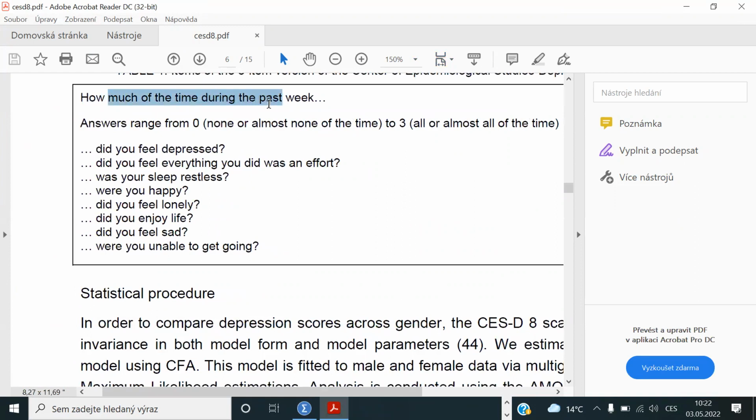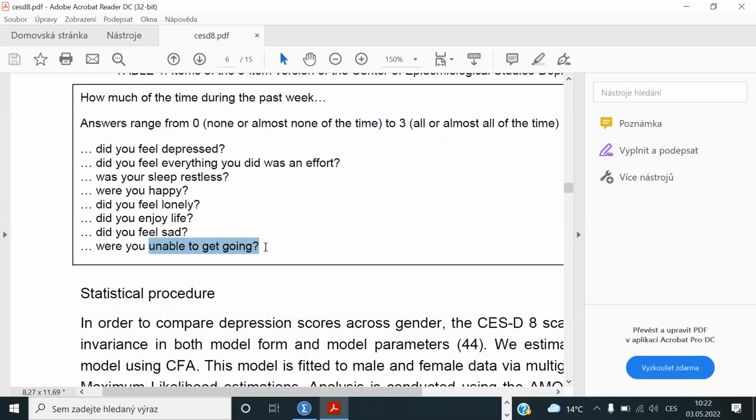The question is about the last week. And depressive symptoms are measured by whether you feel depressed, feel everything was an effort, sleep restless, happy, lonely, enjoy life, feel sad, and unable to get going.